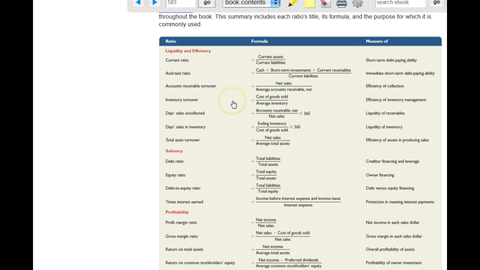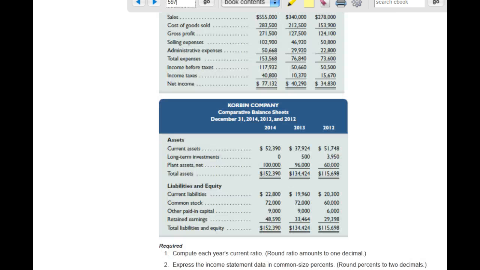Cost of goods sold divided by average inventory. So I'm just going to use round numbers for this particular company. Cost of goods sold divided by average inventory. Let's just look at 2014. So we've got 283,000 in cost of goods sold. Average inventory, and I don't have that. So let's say the average inventory. I guess we'll have to make that one up, huh?